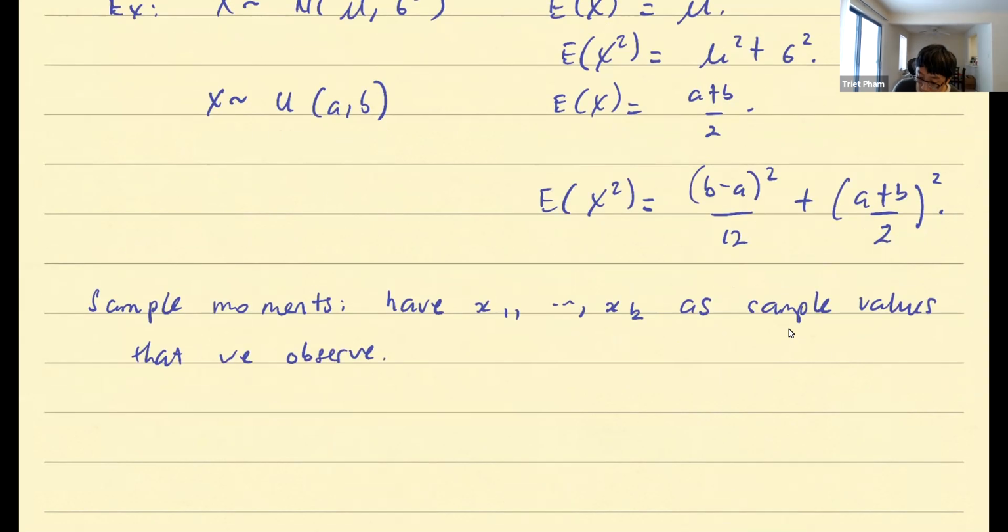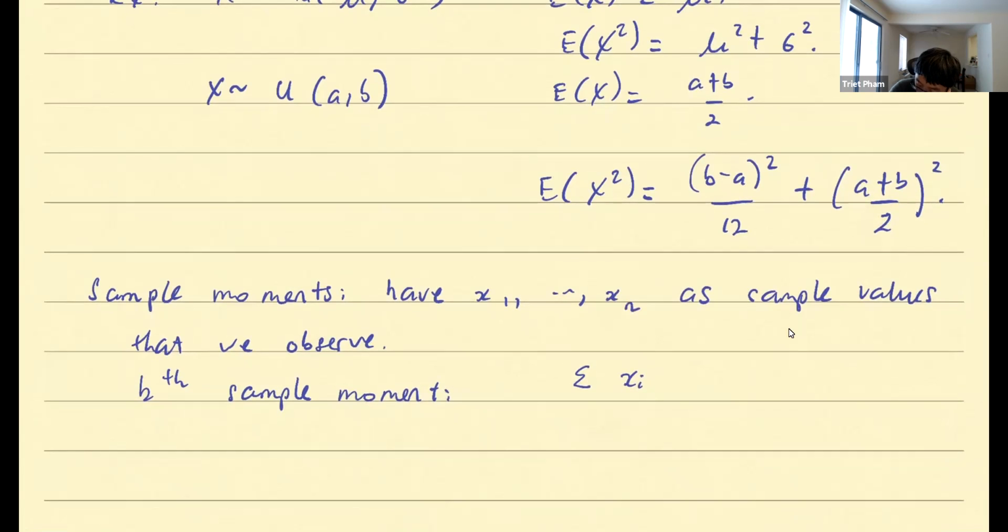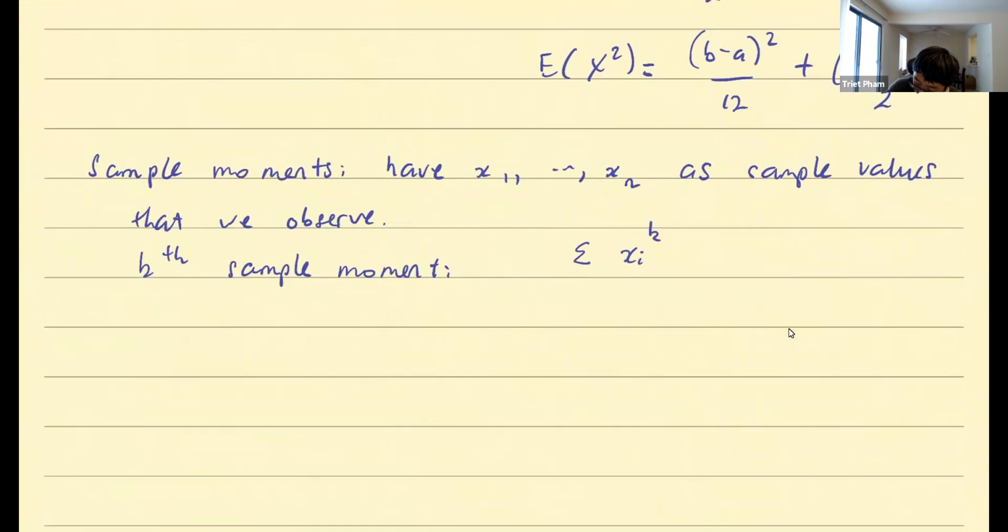The kth sample moment will be defined as the sum of xi raised to the kth power, with i running from 1 to n, divided by n, because I have sample size n.